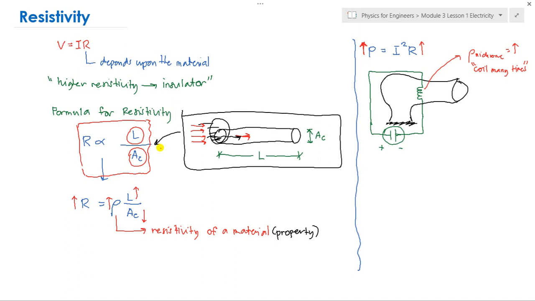Go back to the formula. R is directly proportional to L over cross-sectional area. What is the reason why it is coiled, wound many times, in order to increase what?